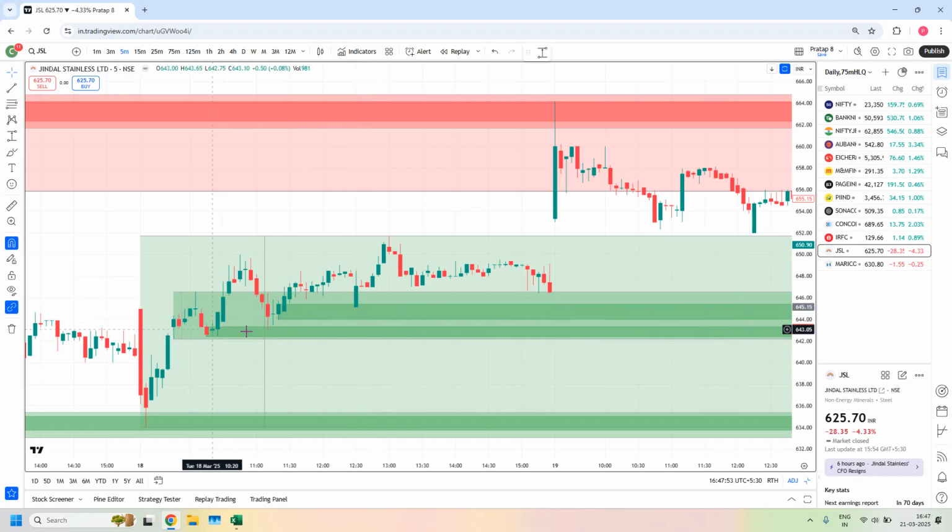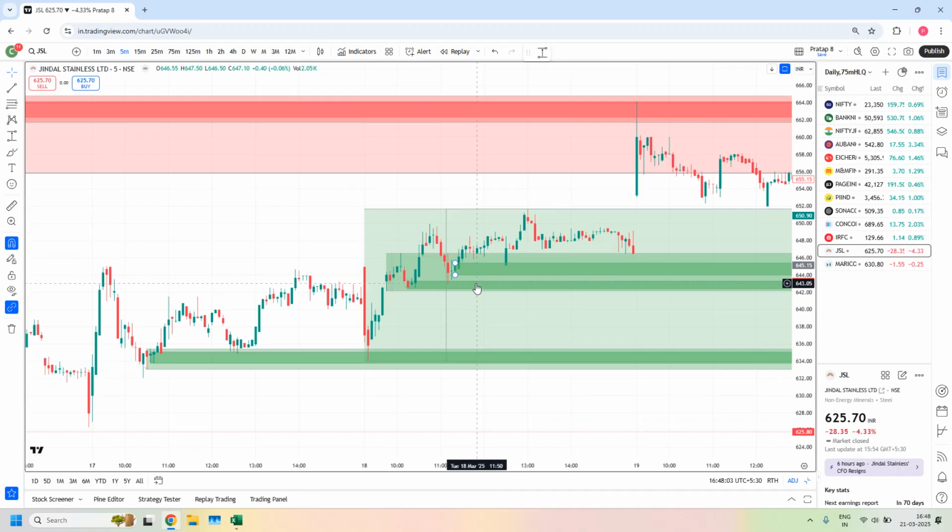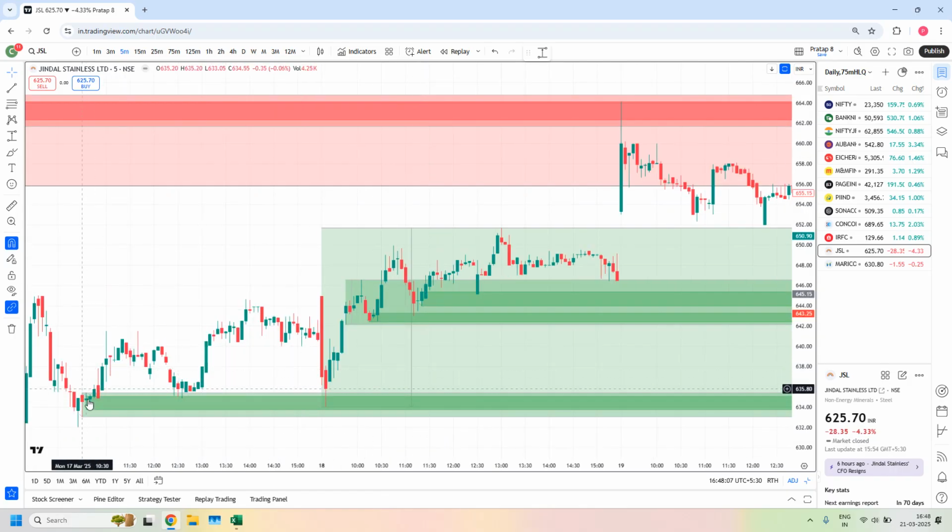And again another, in case this is violated, the next one is also a tested zone. That's why we didn't plan our trade on this either. Both the zones we didn't plan yesterday, and the third one we planned our trade. Why did we plan the third one? Because this is the 5 minutes horizon inside the 15 minutes horizon, and in this horizon we want to plan our trade.